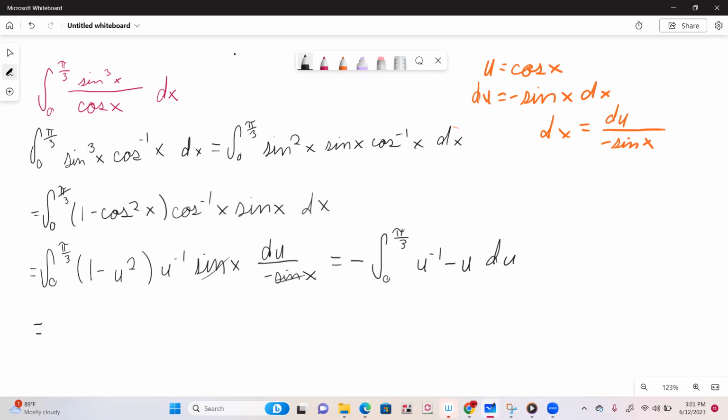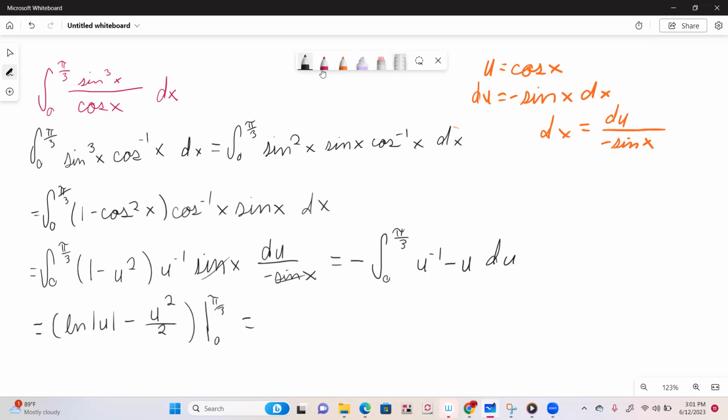So this is going to be the natural logarithm of the absolute value of u, minus u squared over 2, from 0 to pi over 3. So now we're going to plug in our values to find the definite integral.